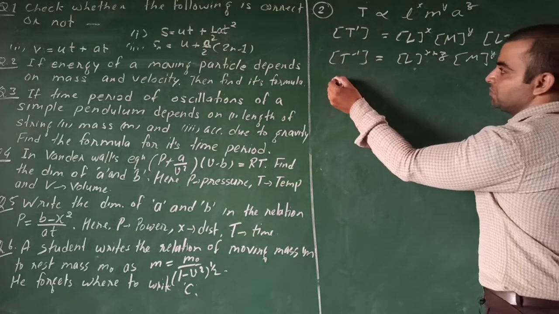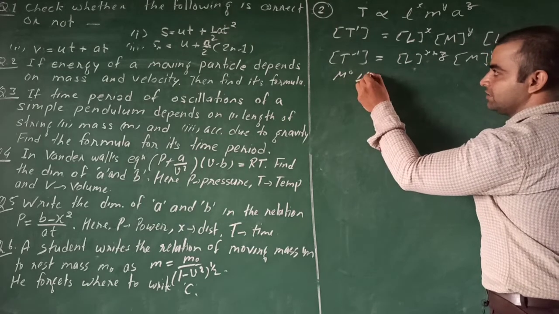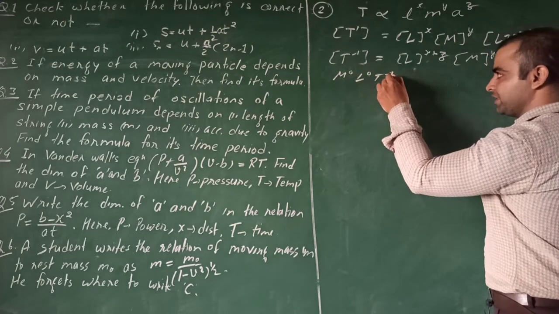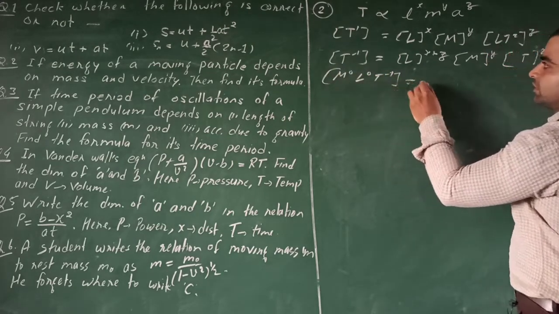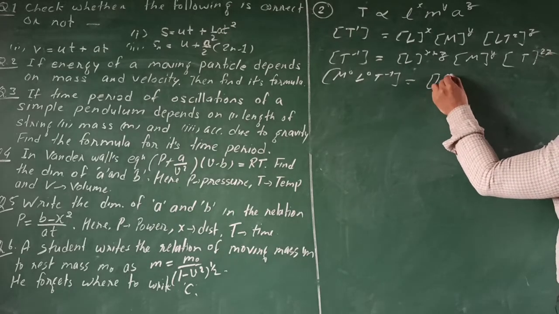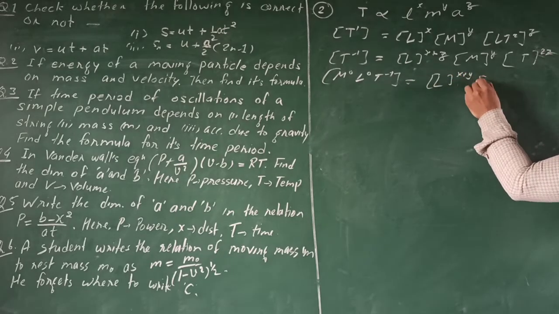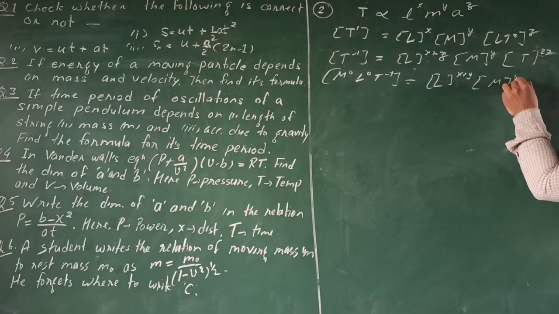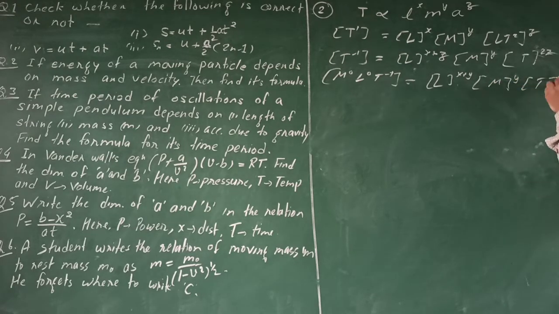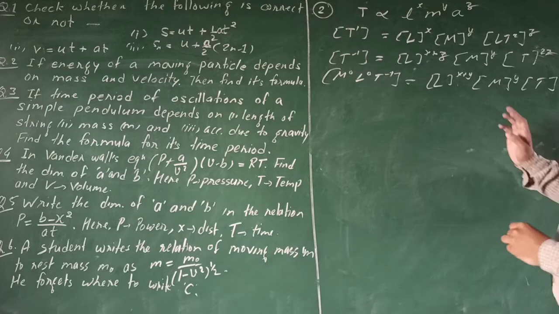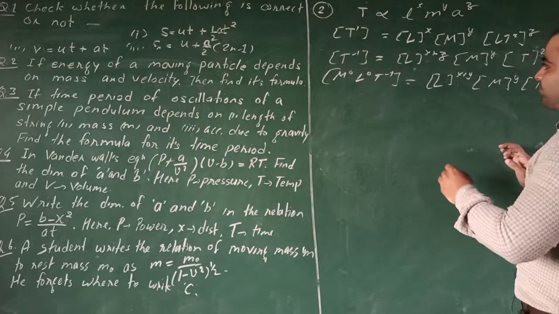Let it here M is 0, L is also 0, and T is 1. L^(x plus z), M^y and T^(minus 2z).